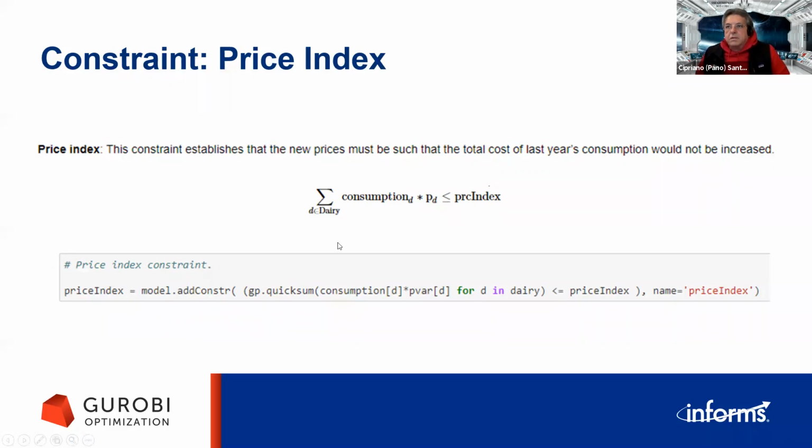So again, very natural, we use the addConstr method, but in this case, we don't have the S here because we just have one constraint, and then we use the quicksum to express the left-hand side of the inequality. So this is a parameter, and this is a decision variable, and this summation is running over all the products, less or equal than the price index, and this constraint is going to be called price index.